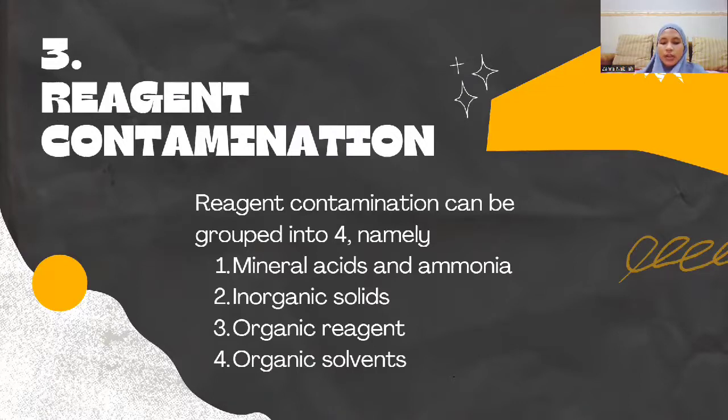Usually used in such small quantities that contamination can often be neglected, but caution is necessary. Number 4, organic solvents. With organic solvents, what must be watched out for is the presence of other organic compounds dissolved in the solvent, because they usually use spectrometric determinations.